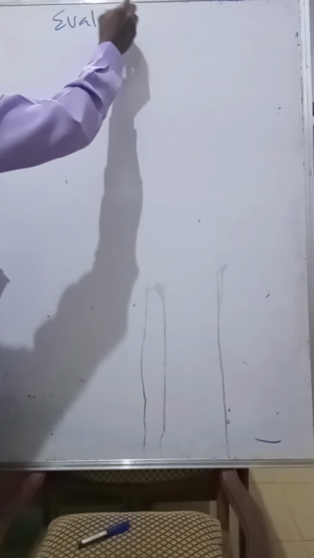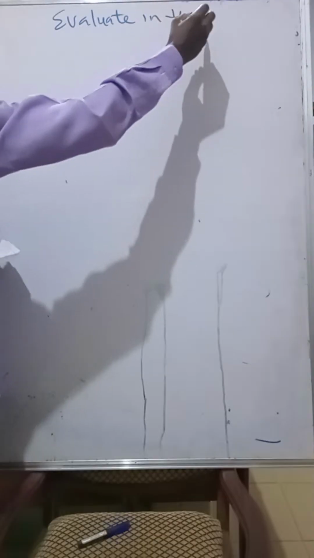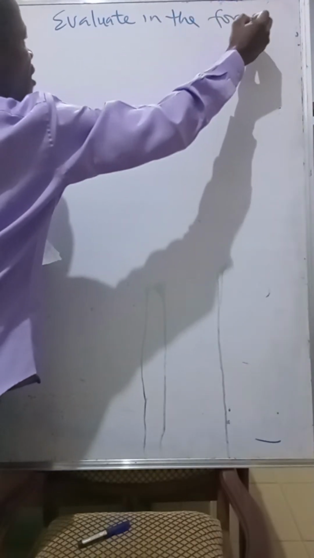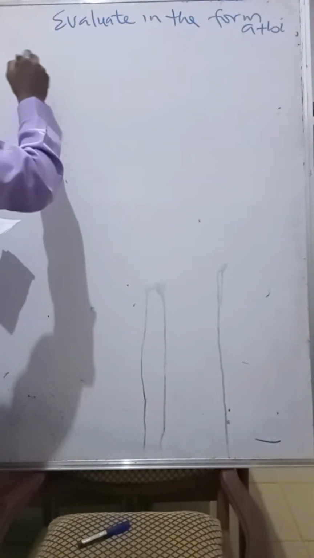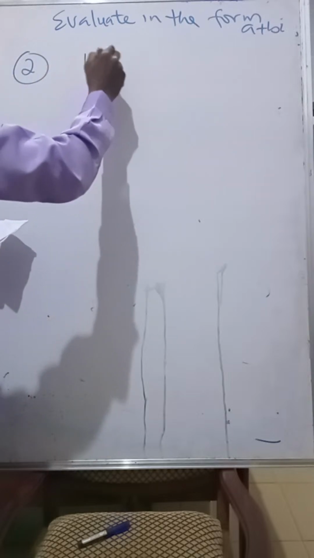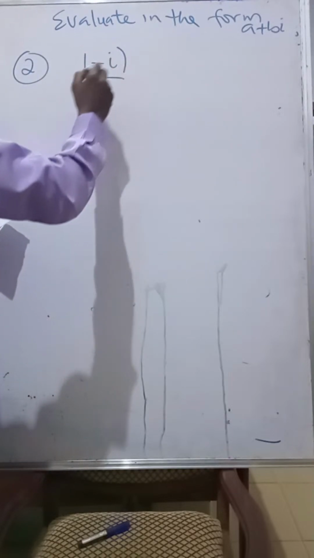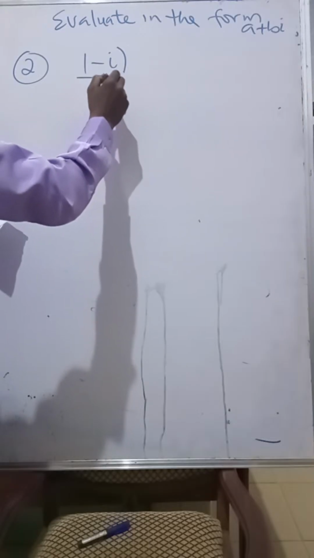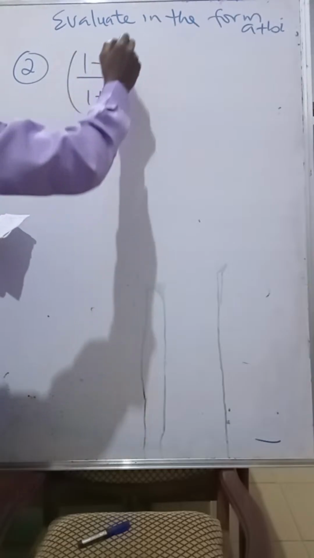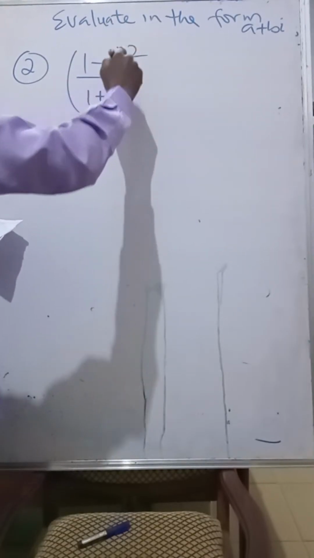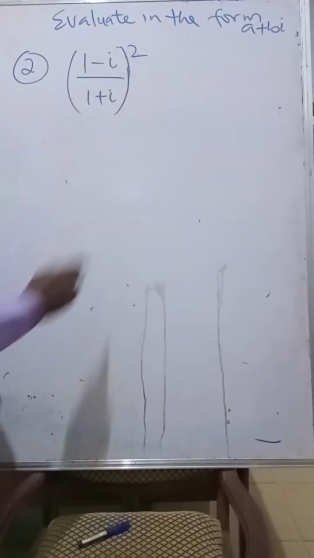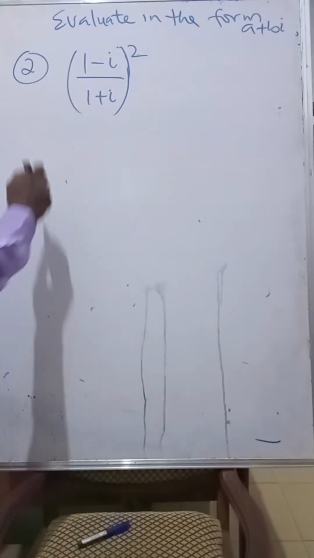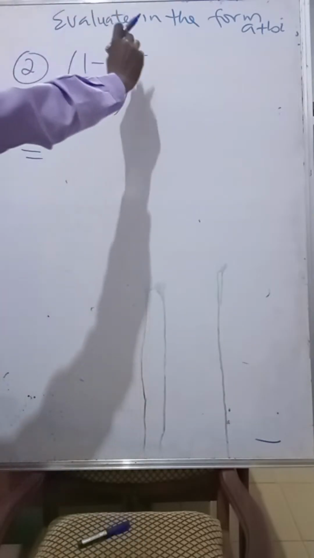We're told to evaluate in the form a plus bi. The second one, question 2, we have this question: 1 minus i over 1 plus i, all squared. So for now, let's forget the square.